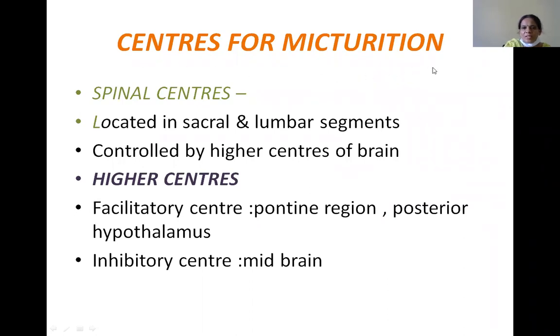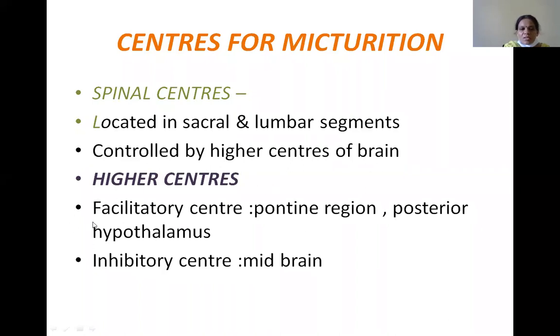So what are the centers for micturition? These are the most important centers. There are two centers, the spinal centers and the higher centers. Spinal centers are located in the sacral and lumbar segments, and are controlled by the higher centers of the brain.